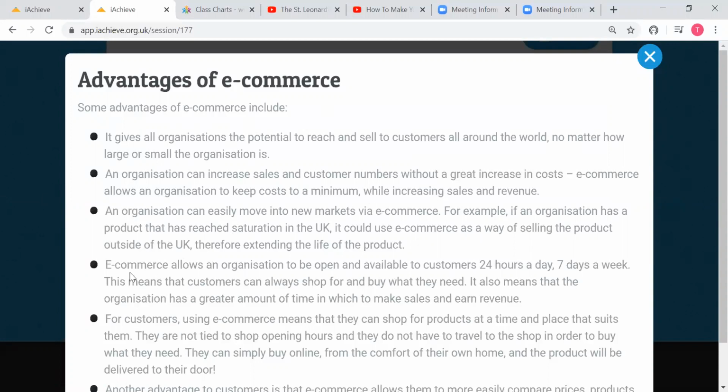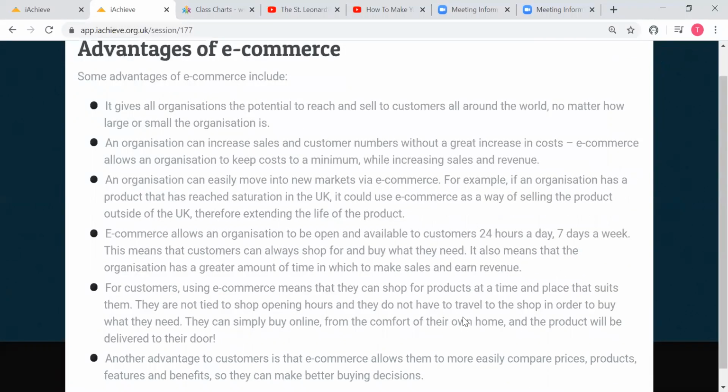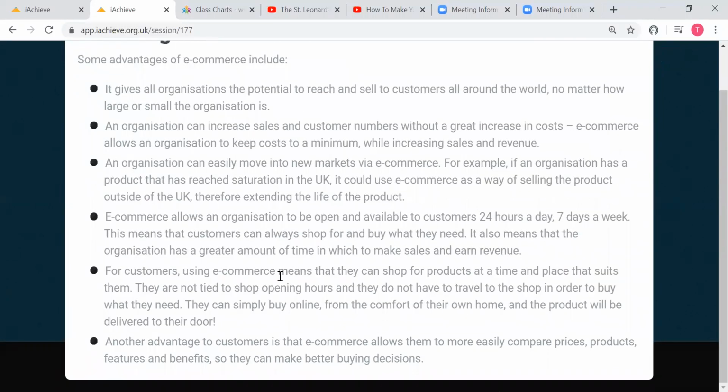You can be open and available to customers around the clock, 7 days a week, 24 hours a day. And for customers using e-commerce, that means they can shop for products at a time and place that suits them. They don't have to worry about when the shop is open.